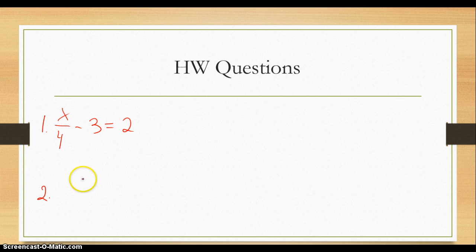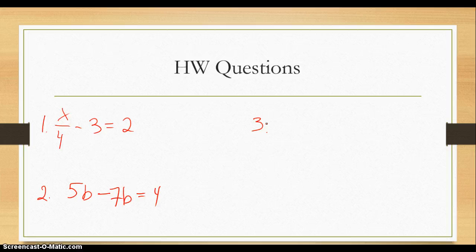Number 2: 5b minus 7b equals 4. Solve for b.